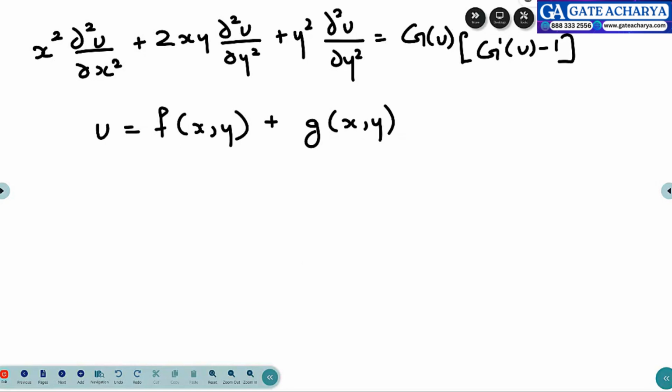Now tell me, f of x comma y is homogeneous, g of x comma y is homogeneous. Now tell me, is u homogeneous? The answer is maybe, maybe not. When is it homogeneous? When m and n are equal. When both powers are equal, they are homogeneous.